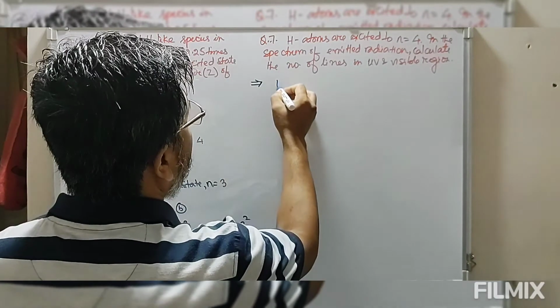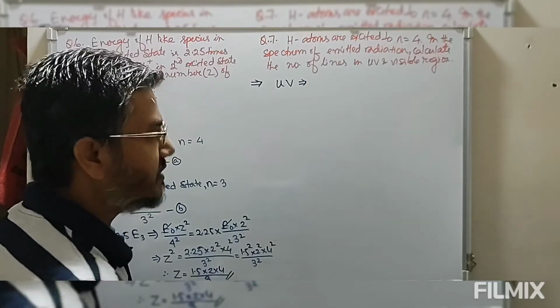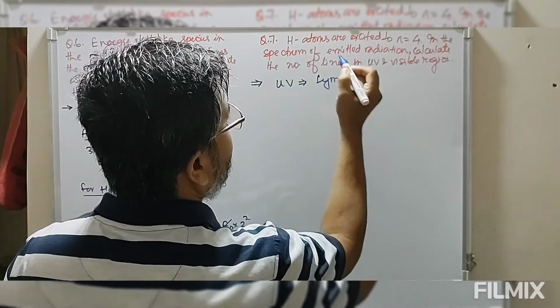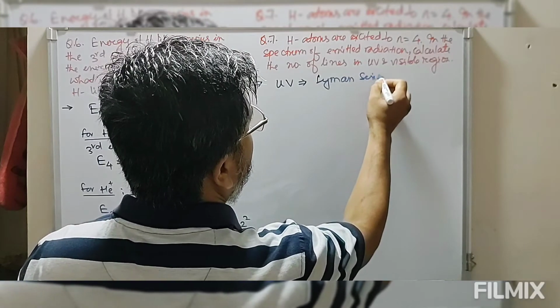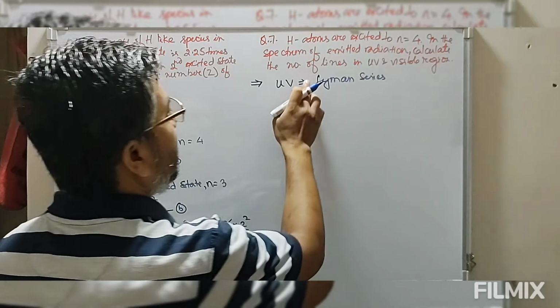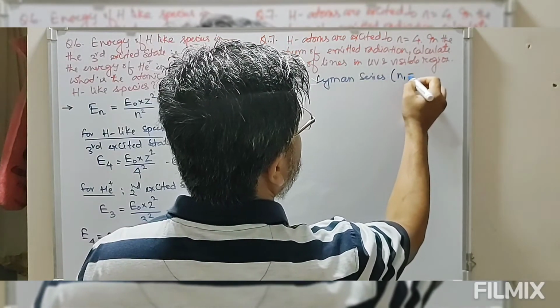So now look at ultraviolet. Ultraviolet means the series is the Lyman series. The lines will lie in the ultraviolet. So for this Lyman series, n1 is equal to 1.